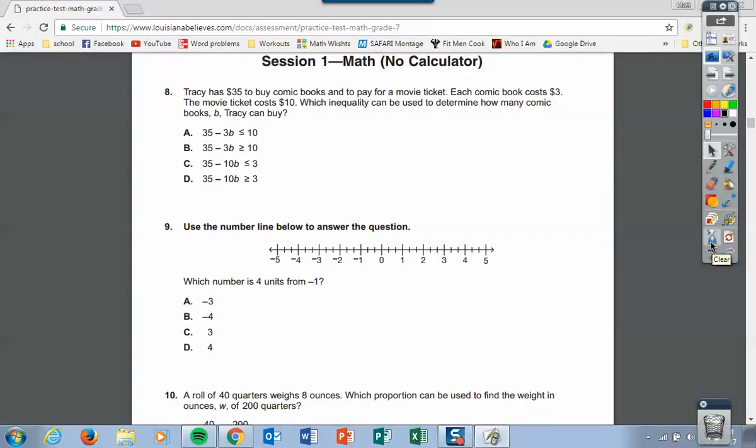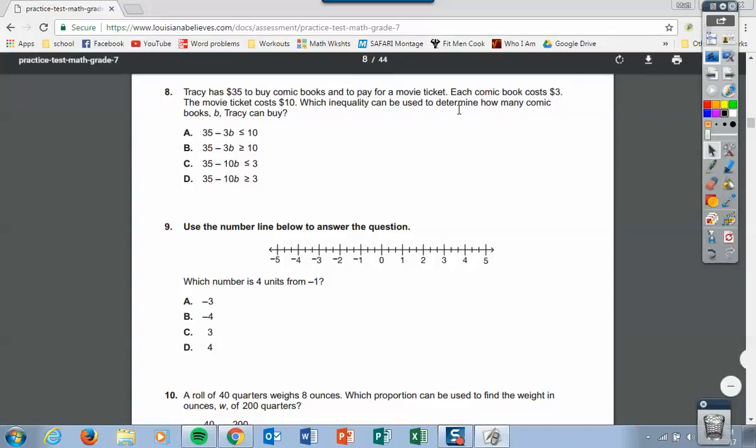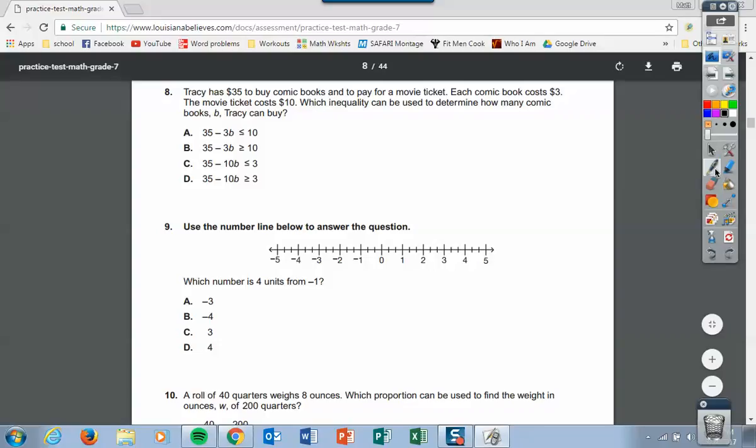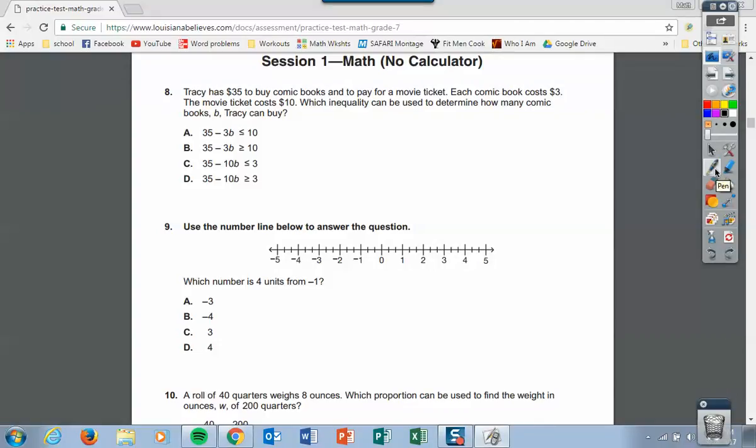Tracy has $35 to buy comic books and to pay for a movie ticket. Each comic book costs $3. The movie ticket costs $10. Which inequality is used to determine how many comic books, B, Tracy can buy? Well, I'm going to go ahead and write down this information. So a comic book is $3.